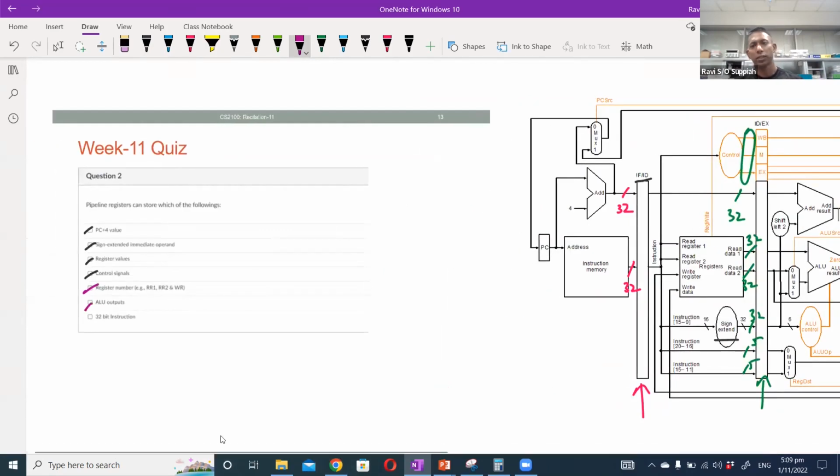Your 32-bit instruction is in your IFID bank. Basically, all your information here, you need to store it somewhere as your instruction goes from one stage to the next stage. So all of them will be stored in the pipeline registers.